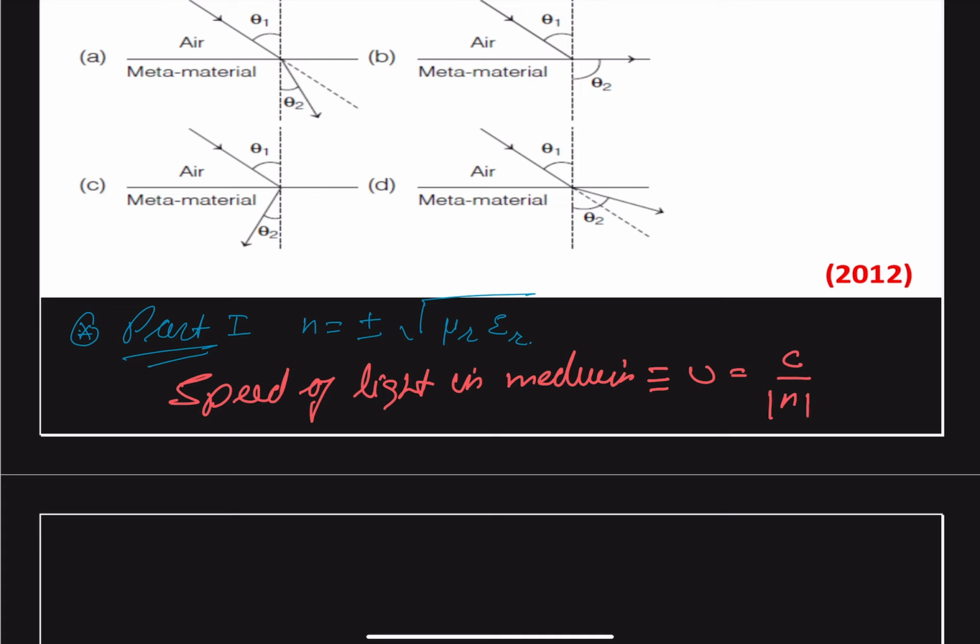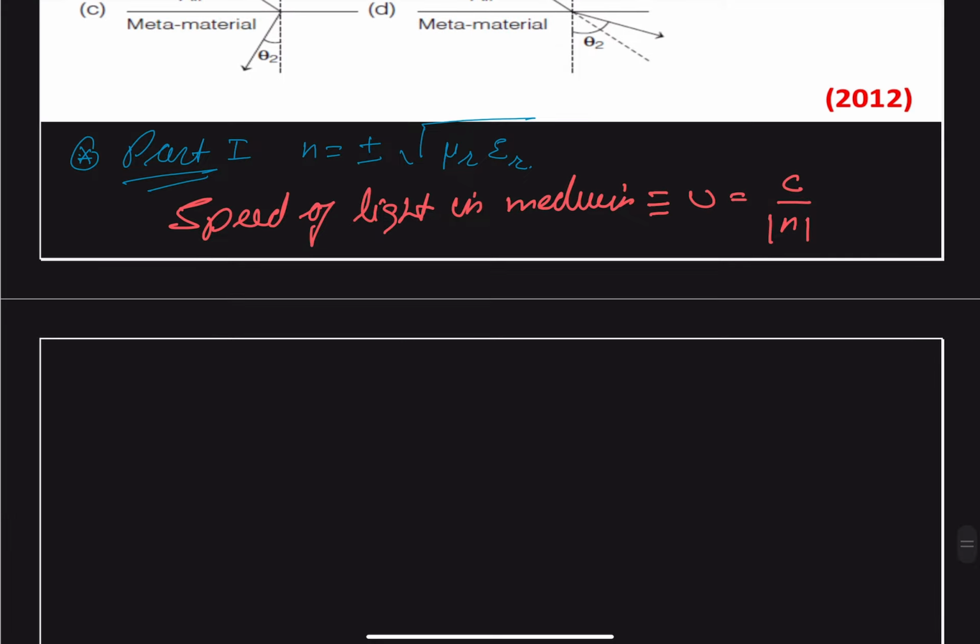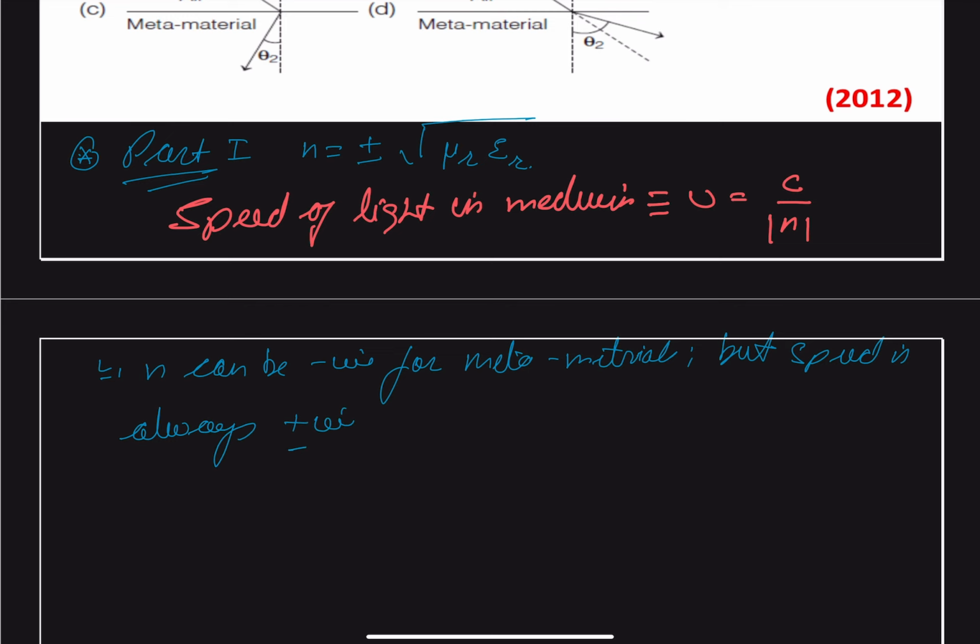We write the modulus because n can be negative for metamaterial, but speed is always positive. So this is the important point here: n can be negative for metamaterials, but speed is always positive.